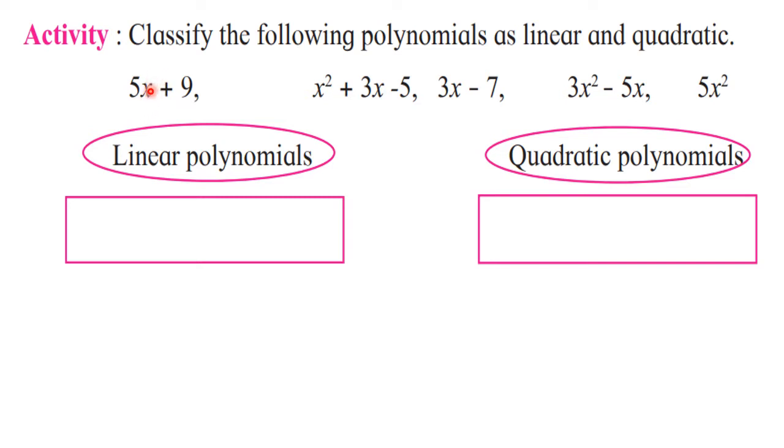Nothing is seen, means x raised to 1 is there. 1 we never write. So it is a linear polynomial. So we can classify polynomials on two different criteria. First is upon the number of terms present there, and second is depending upon its index or degree, highest index we can say. So here this is a linear polynomial.